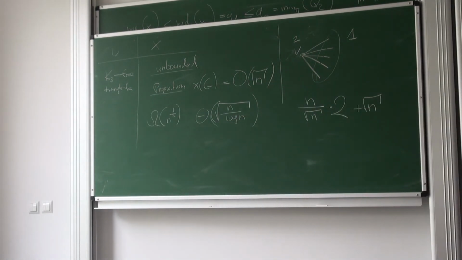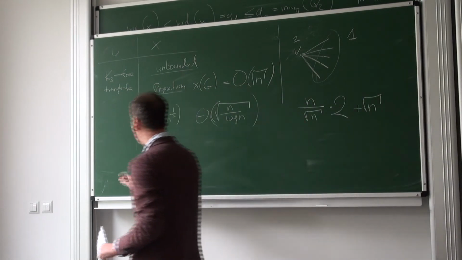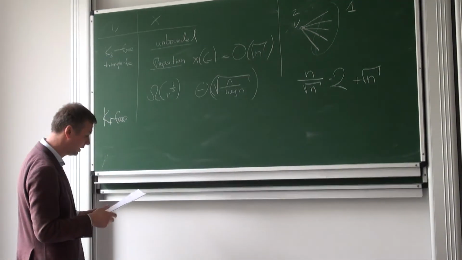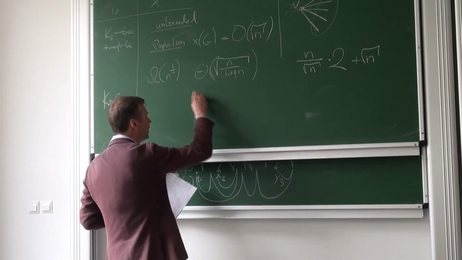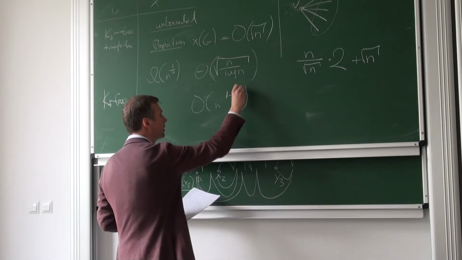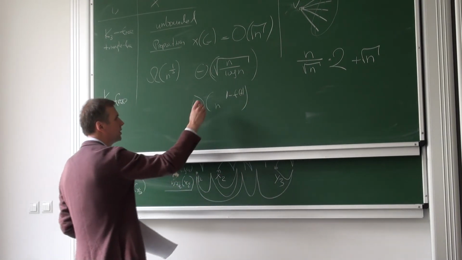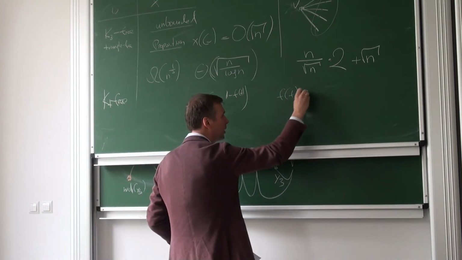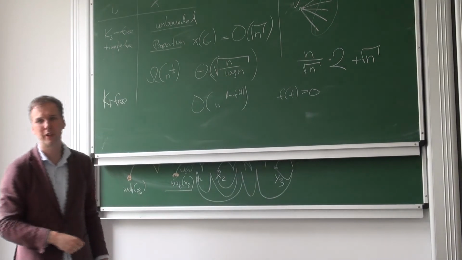Yes, so where are we heading with this? When we don't have K_t, then things are quite understood here, in the sense that the chromatic number is n to the 1 minus f(t). f(t) is some function that is greater than 0 and goes in the limit to 0 actually.